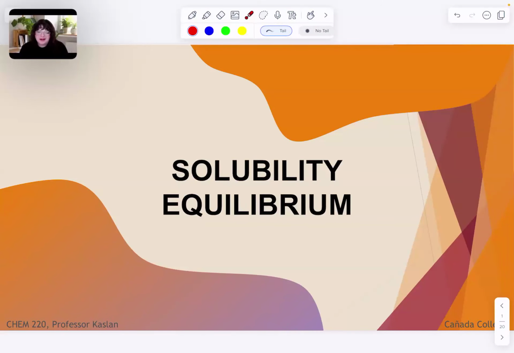Welcome to our next major topic in Chem 220, which I am titling here Solubility Equilibrium. What I really appreciate about this topic is that foundationally, all the principles and concepts we're going to explore when talking about solubility equilibrium have not changed from our prior conversations about things like solubility and things like equilibrium.